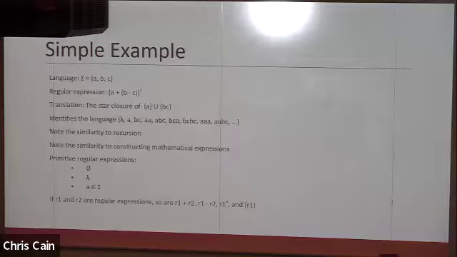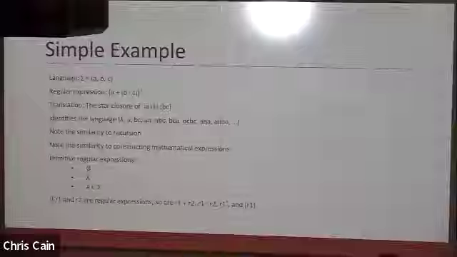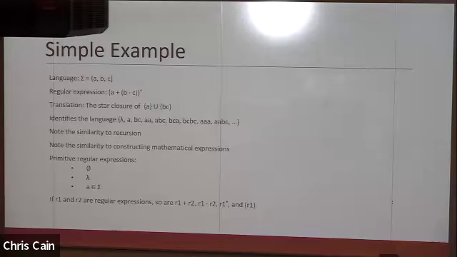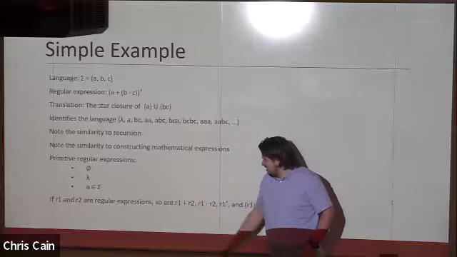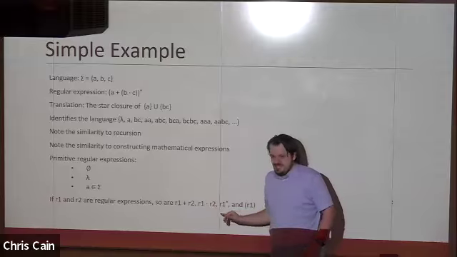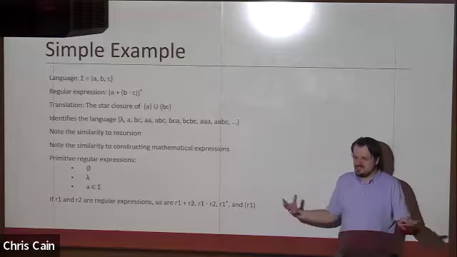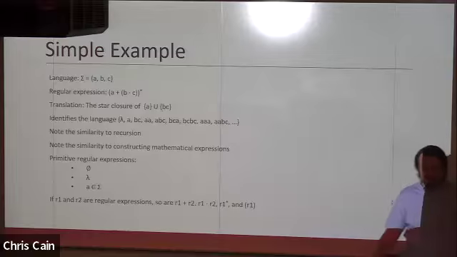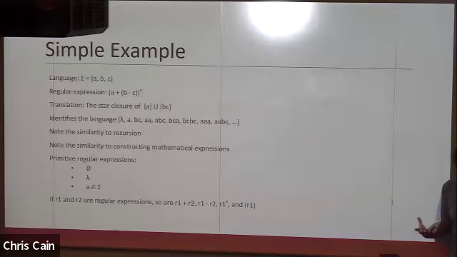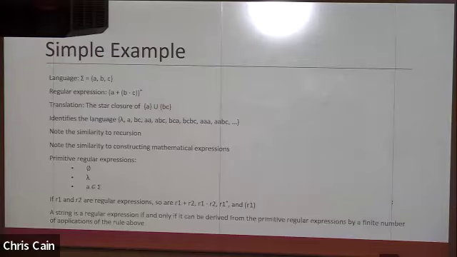So you can use set union, concatenation, star closure, and parentheses around any primitive regular expression to create a more complex regular expression, and then you can combine those pieces. So we have the equivalent of primitives, operations, and then you can create objects or complex objects out of those primitives and those operations. Similarly to how you would construct a mathematical expression. So it maps exactly to that idea.